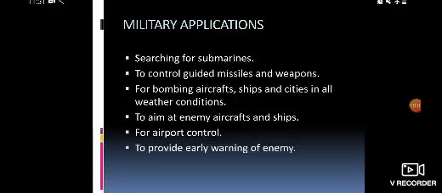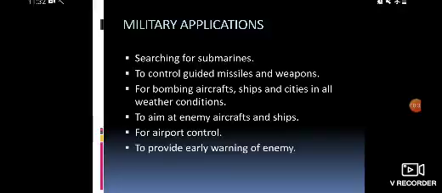So what are military applications? They are used for searching for submarines, finding the distance and position of submarines, and that can be seen with this radar system. It is also mainly used to control missiles. Military means our enemy may enter our regions.